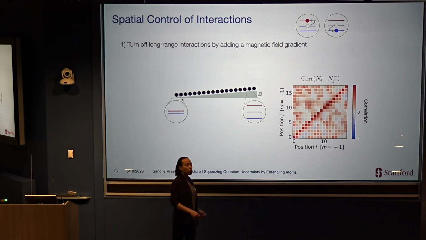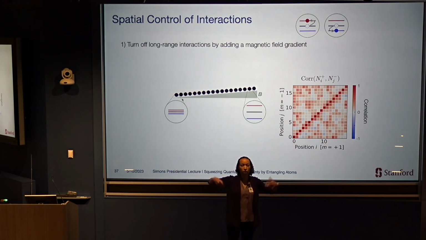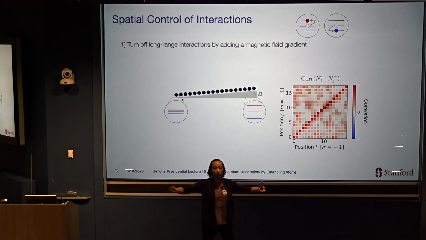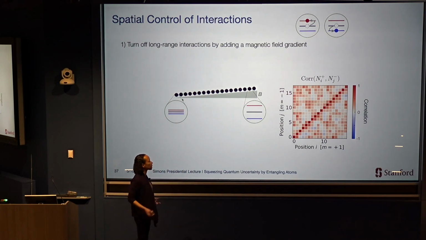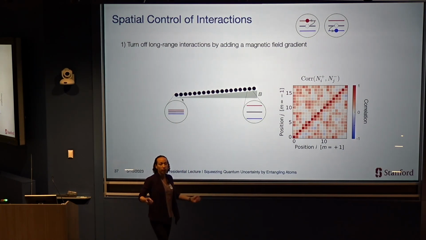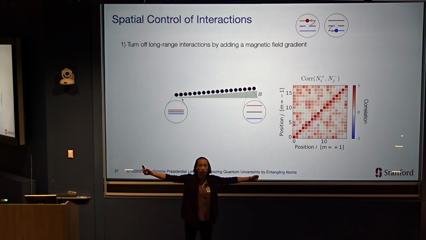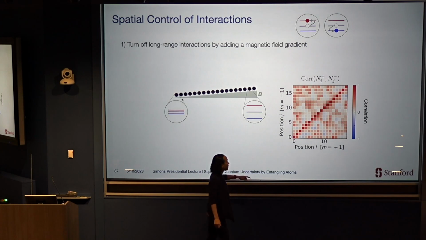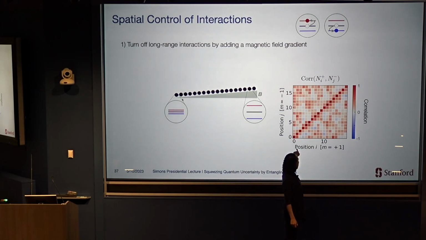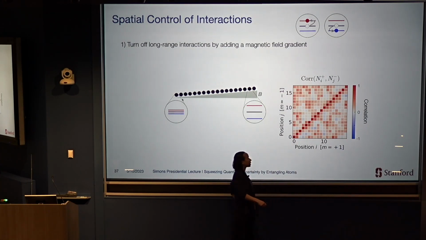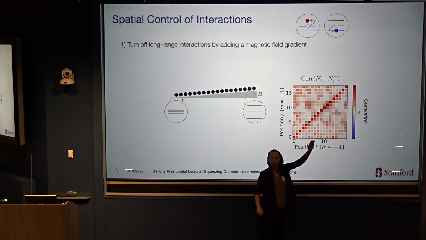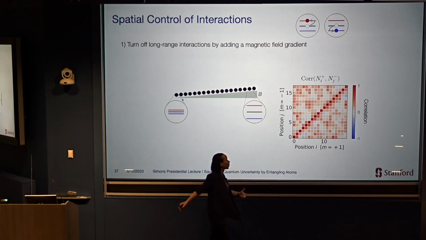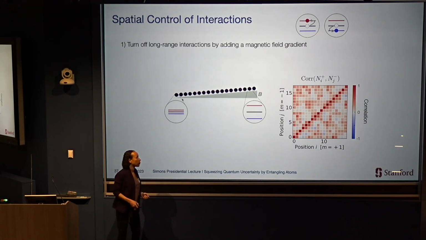And it turns out if I just apply a magnetic field gradient and do the same experiment where I turn on this light that should generate this pair creation process, what I'll see is that rather than having correlations that extend across the entire system, I have correlations just within individual sites. So I've illustrated that here by plotting the strength of correlation between the number of atoms in the +1 state on site I and the -1 state on site J. I have strong correlations here on the diagonal. So I have local interactions, but I've turned off the non-local part of the interaction. OK, so that's one element of control.